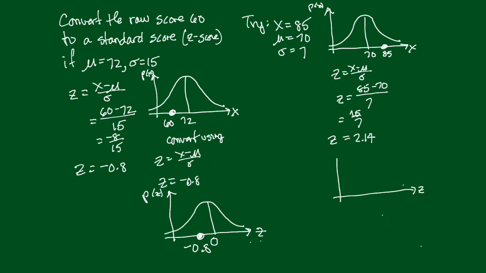This is in z, so we've converted from x's to z's. The high point is 0, and now we're on the positive side. We'll try to be a little bit accurate here, but one standard deviation takes you out to that point of inflection, so you know you're somewhere out here. Maybe I'm a little tight here, but it's just a picture. 2.14.